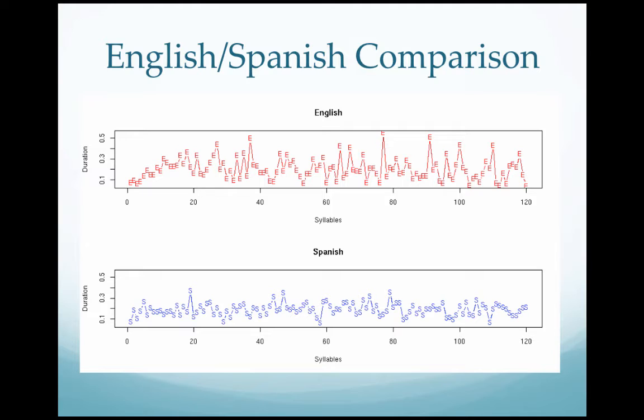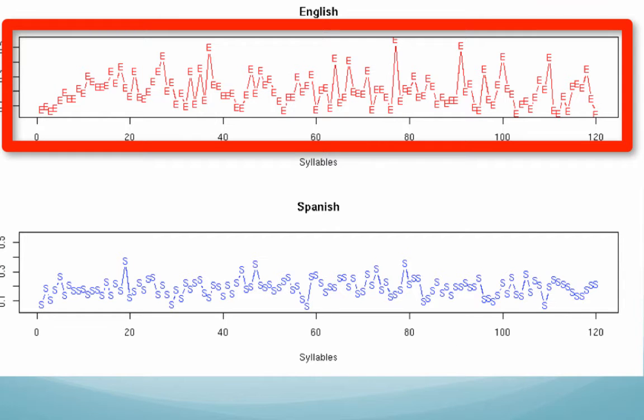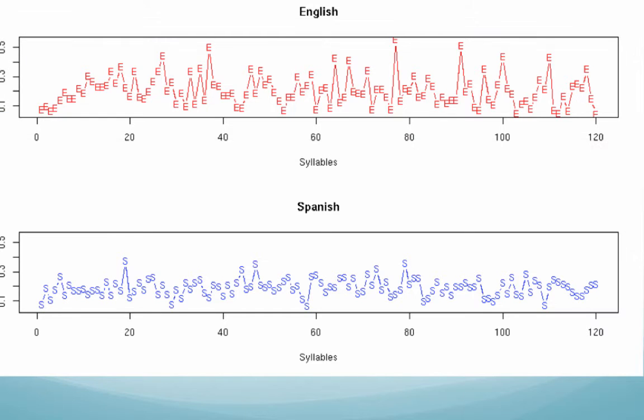This is an interview with a bilingual Spanish speaker who is highly competent in both languages. As you can see, the same person pronounces a lot of peaks signaled by the E right there in the red English pronunciation.